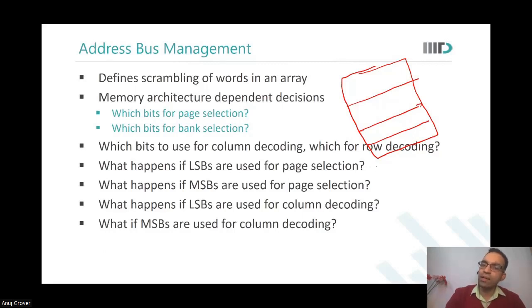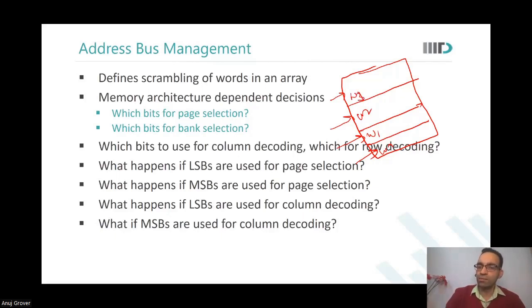So I would want to distribute my reads across banks so that none of the banks is overly stressed. I would write my data into different banks, even though they are consecutive data. So this is word 0 in one bank, word 1 in the other, word 2 in the third, and word 3 in the topmost bank.